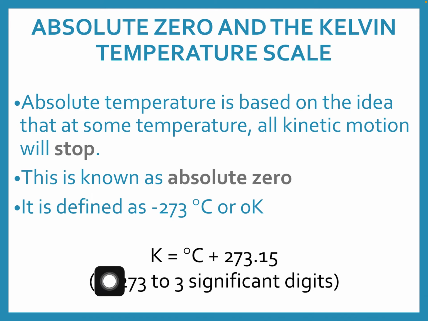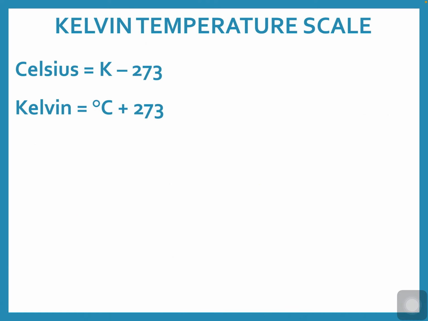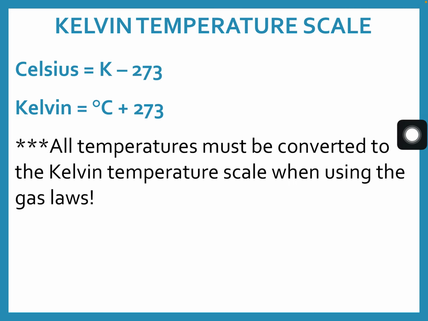So to convert to Kelvin, you take your degrees Celsius and add 273.15. If we're using 3 significant digits, which we generally will for a temperature, we'll use 273. So to calculate degrees Celsius, we'll take an amount in Kelvin and subtract 273. And the reverse, if we have Celsius and are looking for Kelvin, we add 273.